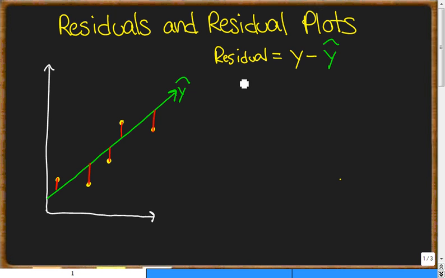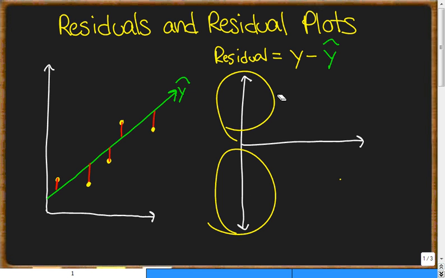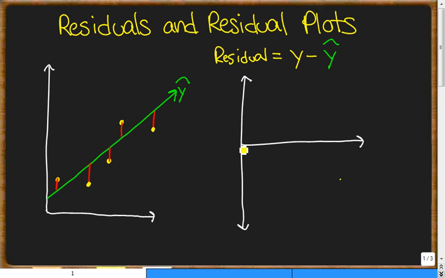So the way we set up a residual plot is this. Normally we'll have numbers on here, but this is just to show you what this is going to look like. So obviously we've got our negative y's down here, our positive y's up there, and these are our positive x's as we go along.